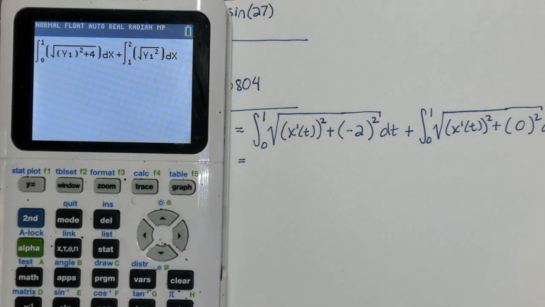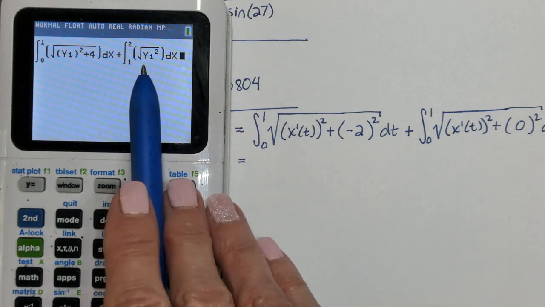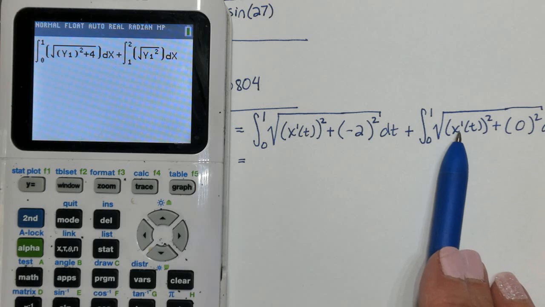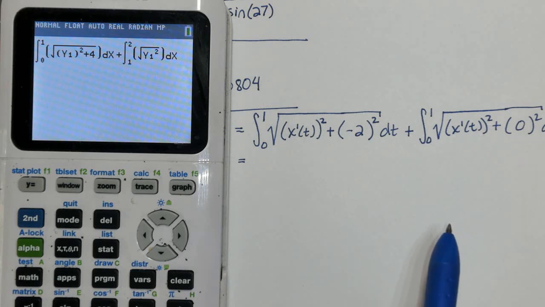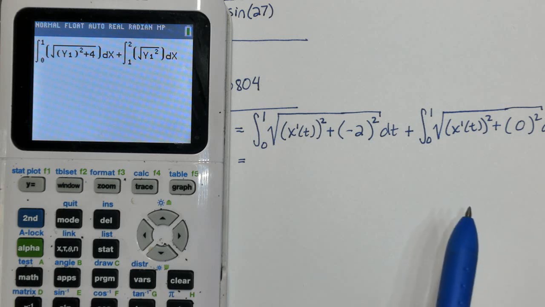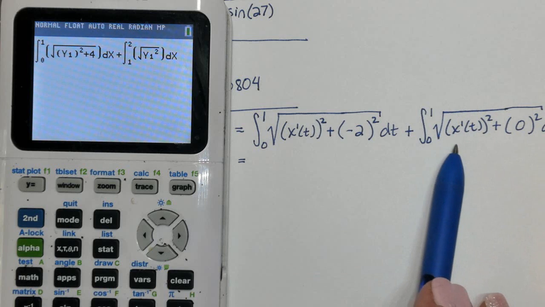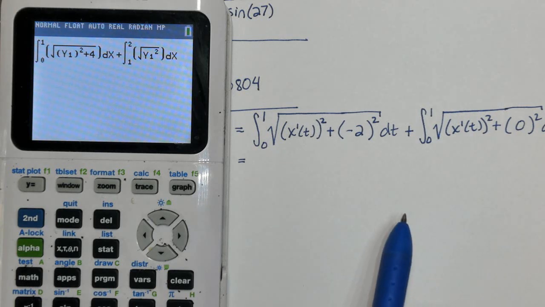By the way, since this is just a 0, we get the square root of x prime squared. Is that just x prime? Could I simplify this to just x prime? No, you cannot.